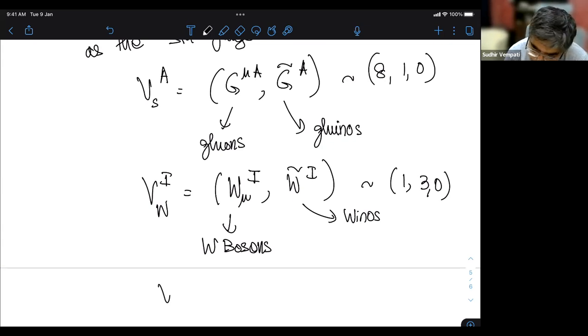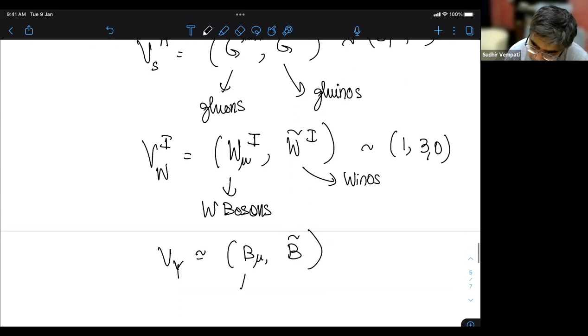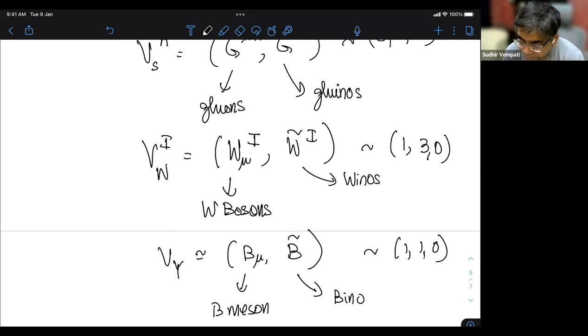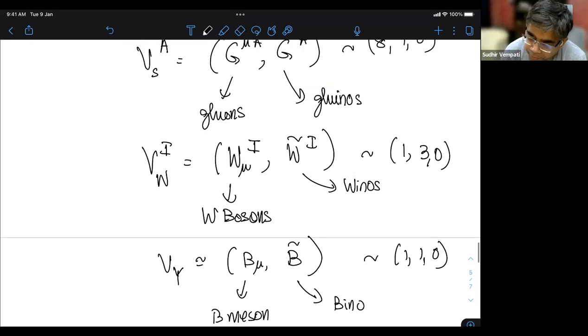And finally, for the hypercharge, we have B_mu and B tilde. This is your B boson and your bino. It's 1, 1, 0. So you have introduced your winos, binos, and so on.